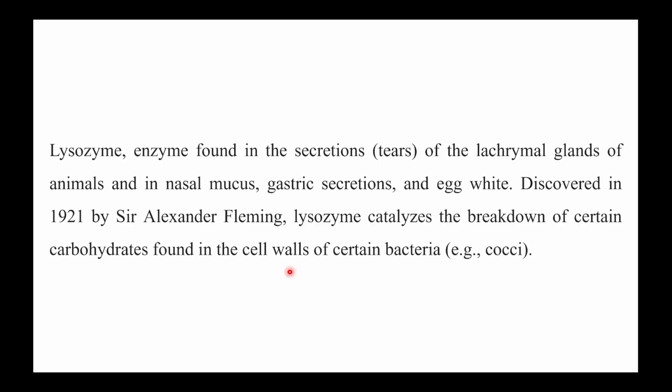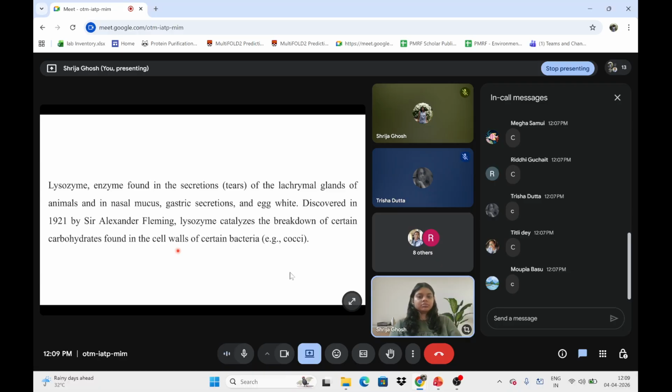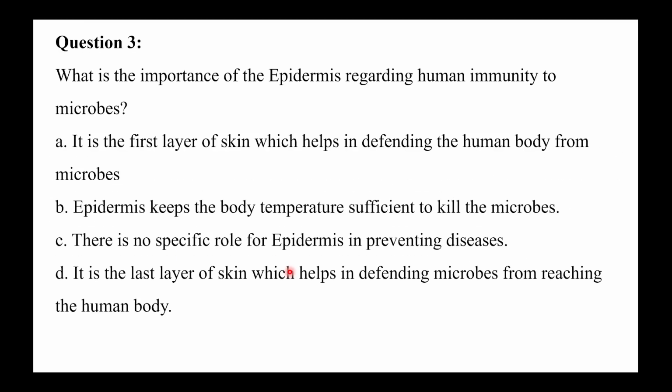So the presence of lysozyme in our lacrimal gland or nasal mucus is actually a sign of a defense mechanism against different pathogenic bacteria, so that if any bacteria tries to enter our body, these enzymes can break down the cell wall and cause the cell death of the bacteria. Is that clear? If you have any question, please let me know. Okay, moving on to the next question.